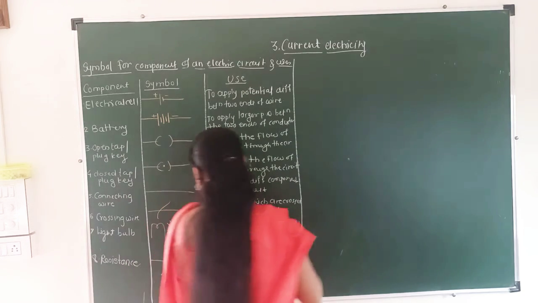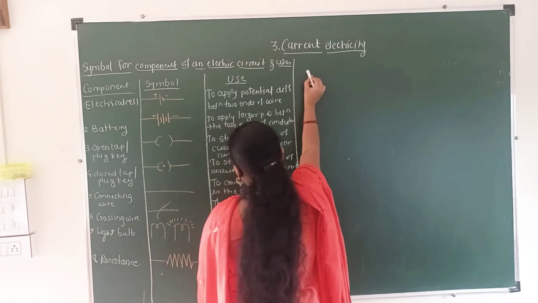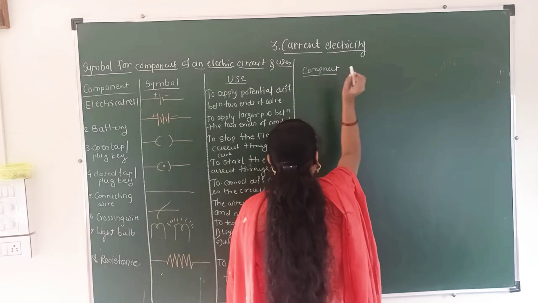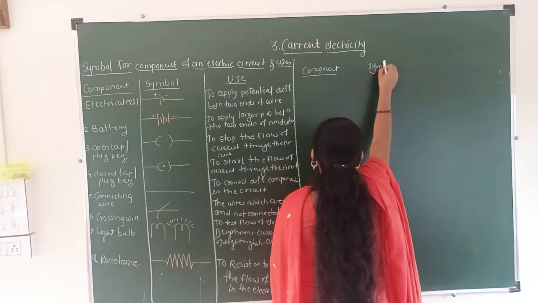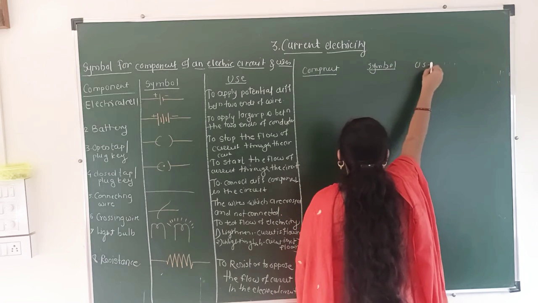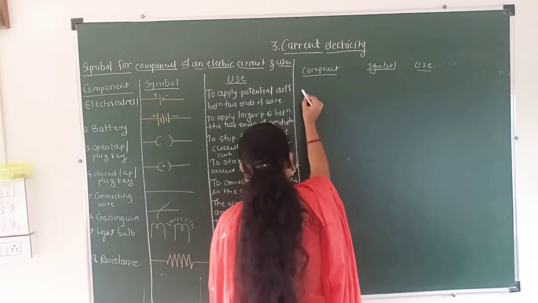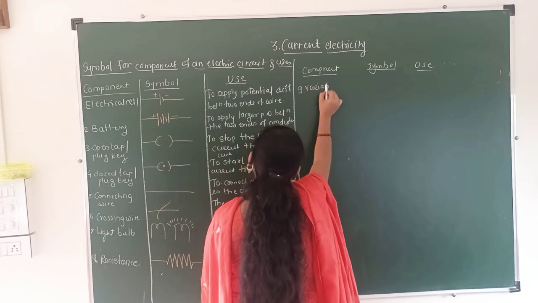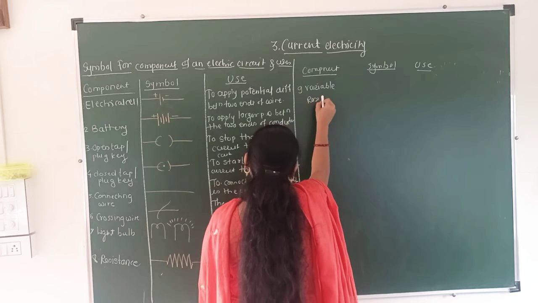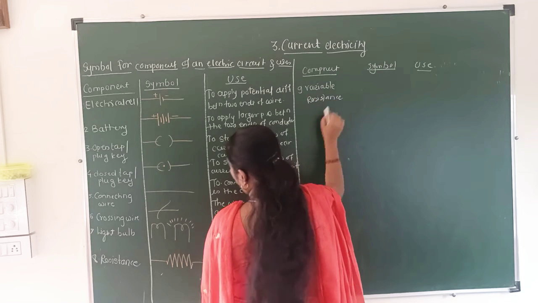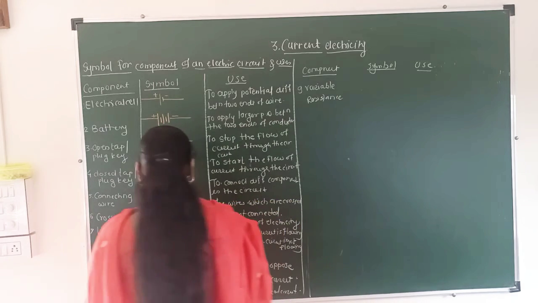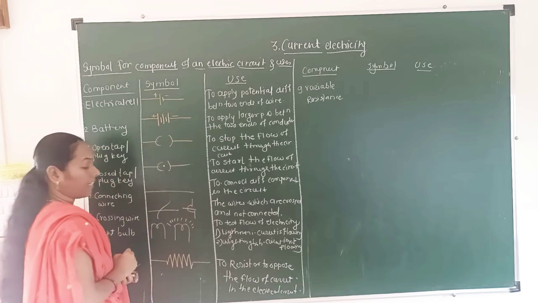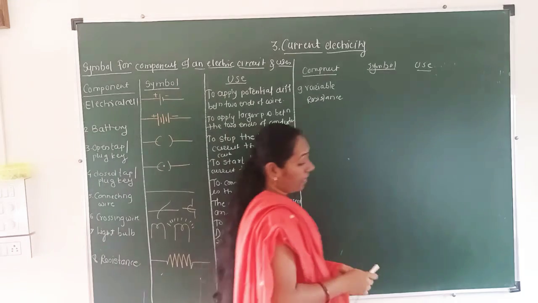Okay. The next component, among the remaining 3 components: component, symbol and use. The 9th one is the variable resistance.